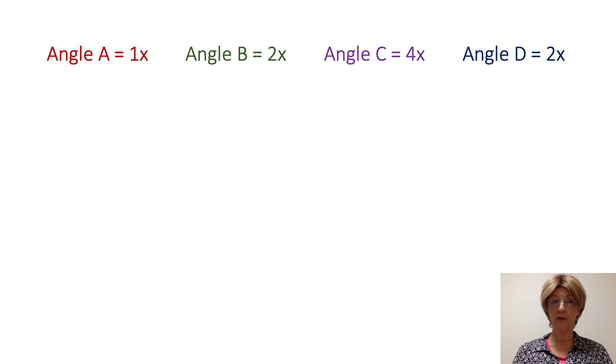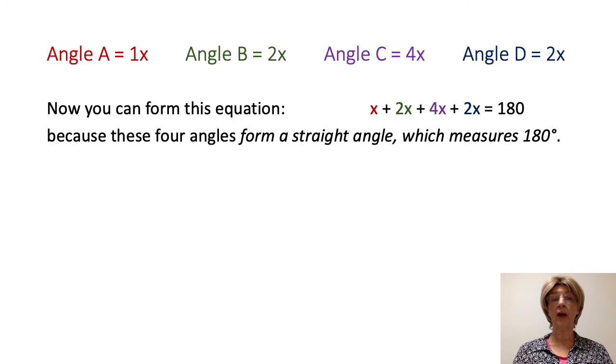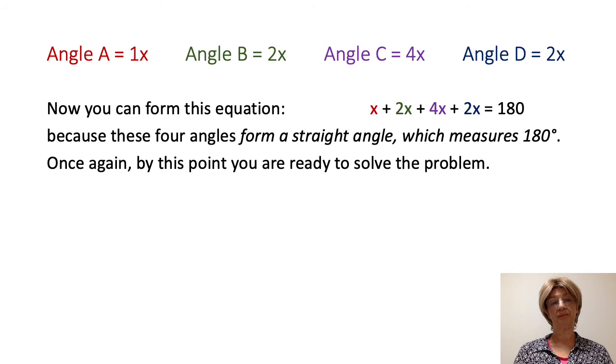Here's where we are so far. Angle A equals 1x, angle B equals 2x, angle C equals 4x, angle D equals 2x. That came right out of the ratio given in the problem. Now we can form this equation, x plus 2x plus 4x plus 2x equals 180, because these 4 angles form a straight angle which measures 180 degrees.